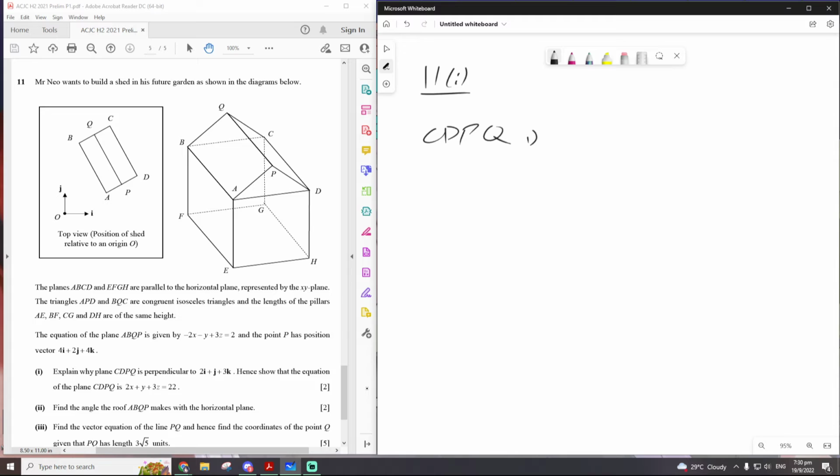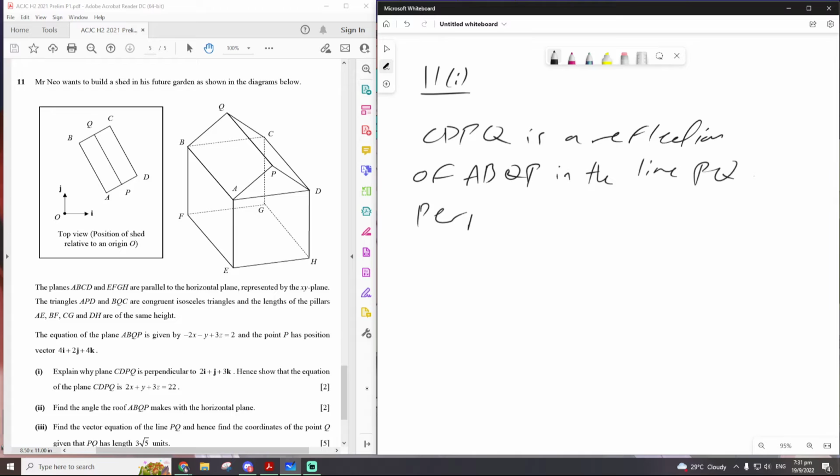CDPQ is a reflection of ABQP in the line PQ. So the perpendicular vector, and PQ itself is parallel to the XY plane.